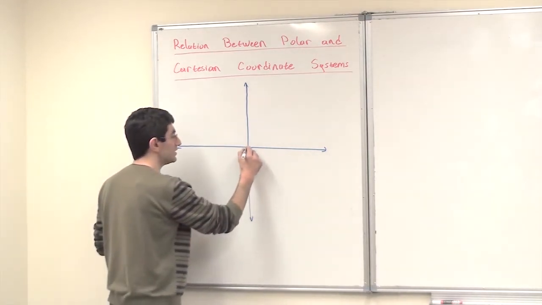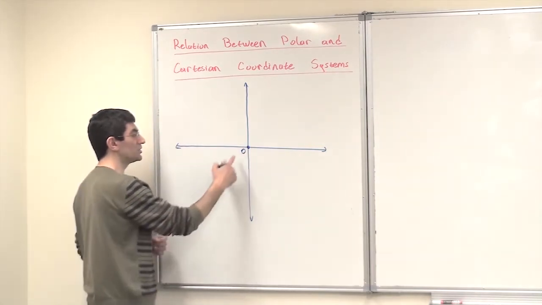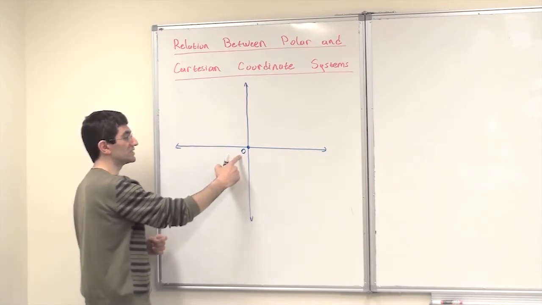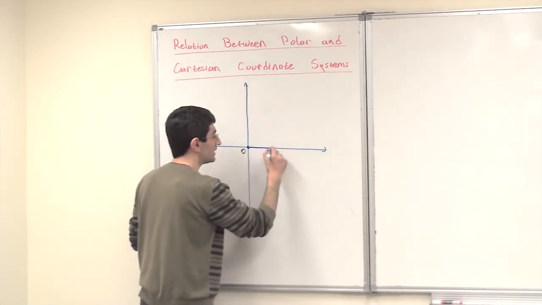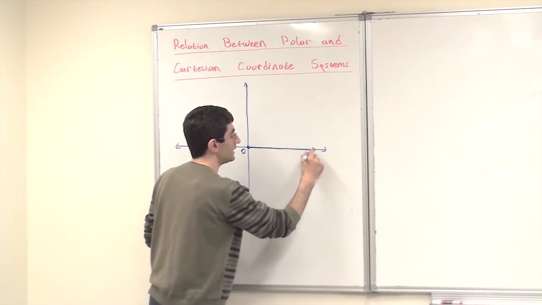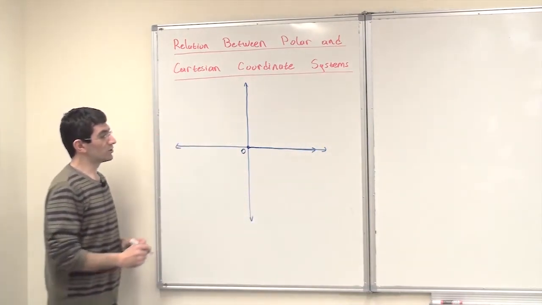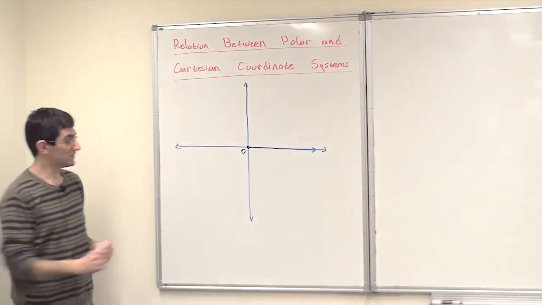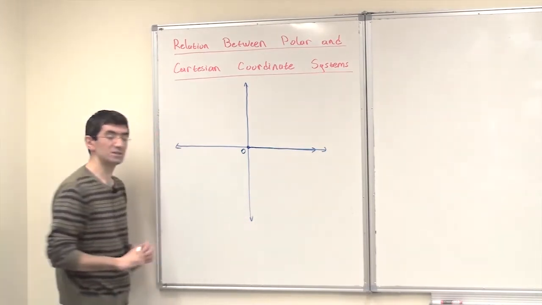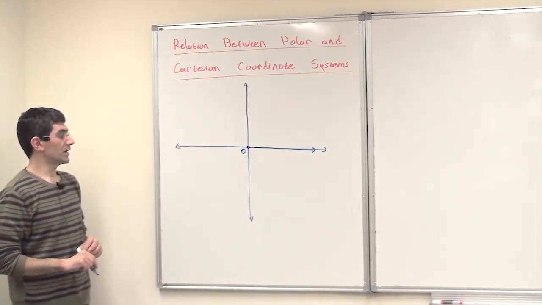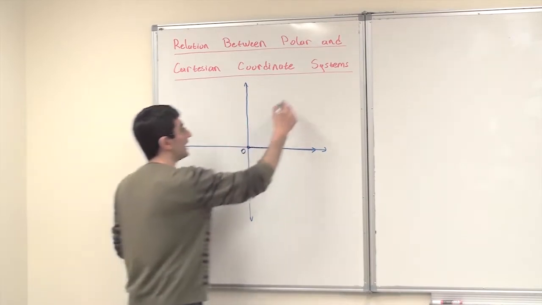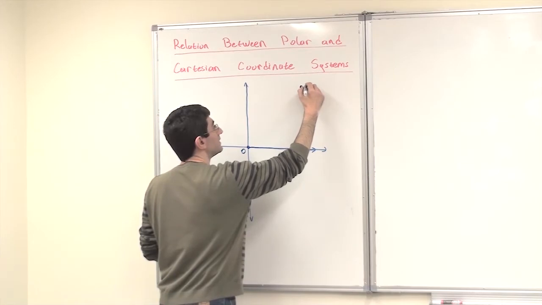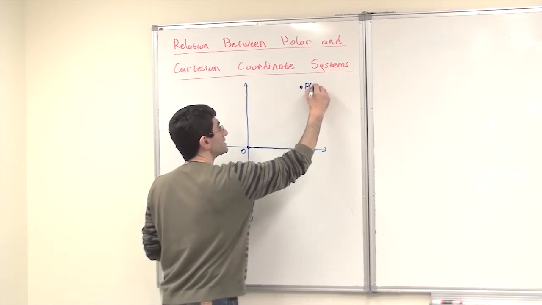I place the origin of the polar coordinate system on top of the origin of the Cartesian coordinate system, and I draw the polar axis so that it overlaps with the positive side of the x-axis of the Cartesian coordinate system.